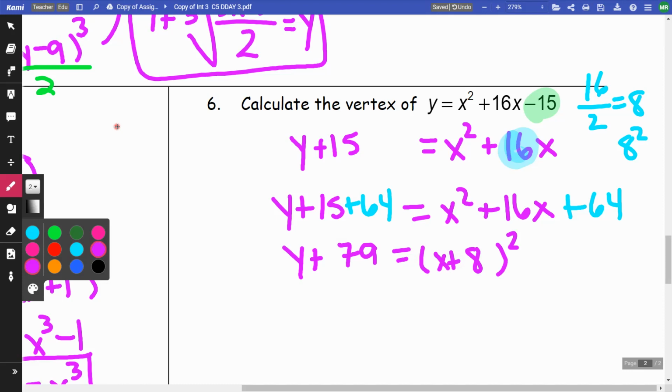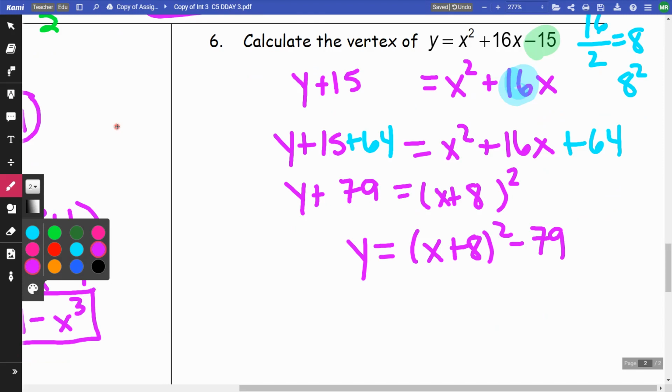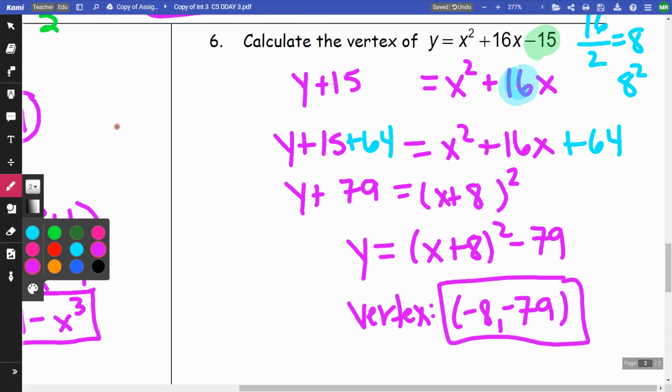My last step is to subtract that 79. So I'm going to have y equals (x plus 8) squared minus 79. And now it's in the nice vertex form. And so my vertex is going to be equal to negative 8, comma, negative 79. And that's my vertex.